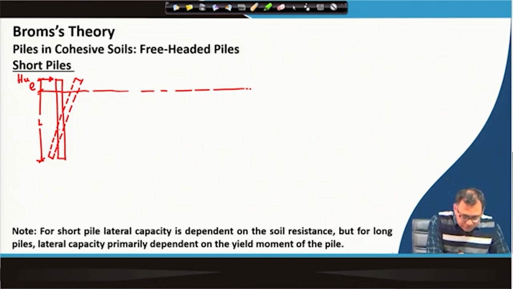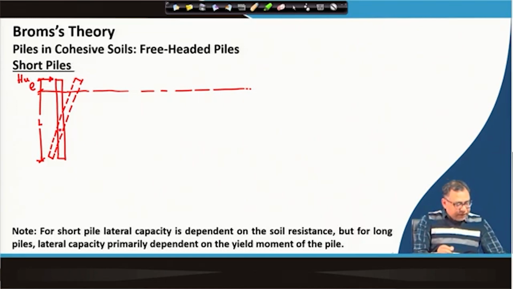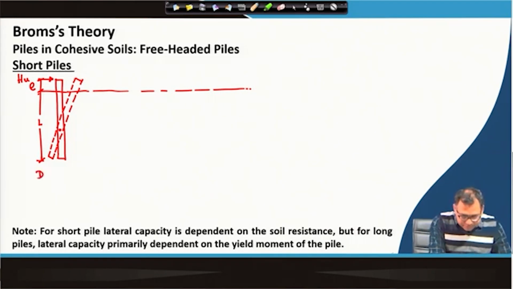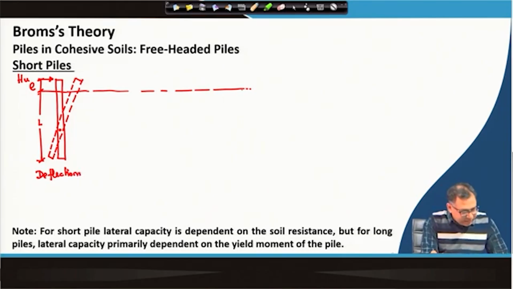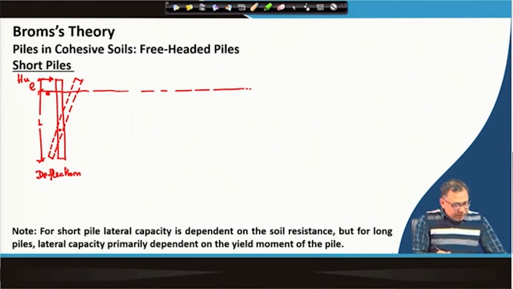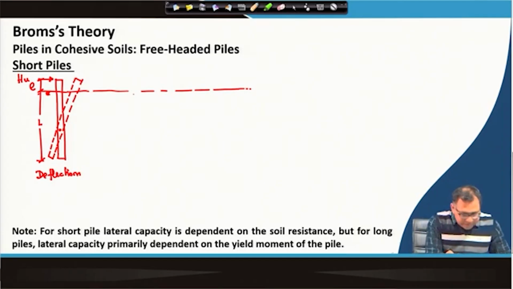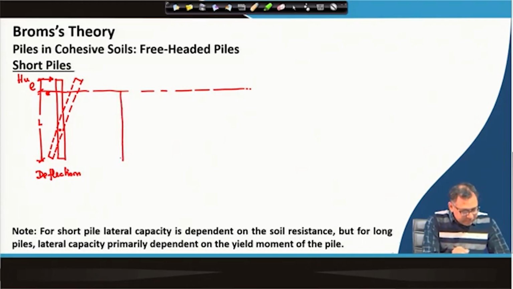So, this is the deflection pattern, and this is the ground surface. Okay. Now, based on that, the soil pressure distribution will be something like this. So, this is the point.